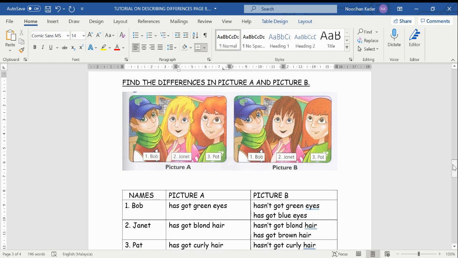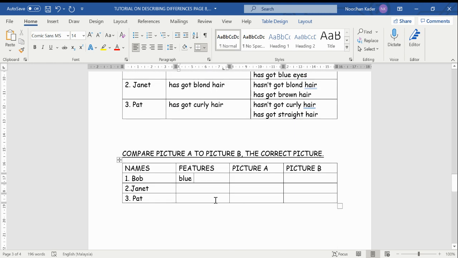So we have to follow that one. We have to follow the sentences which describe Bob, Janet, and Pat correctly, and also refute the sentences which describe the three of them in picture A. So we write the correct one, blue eyes.